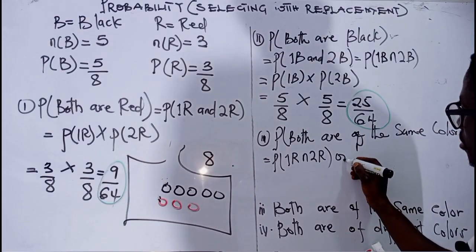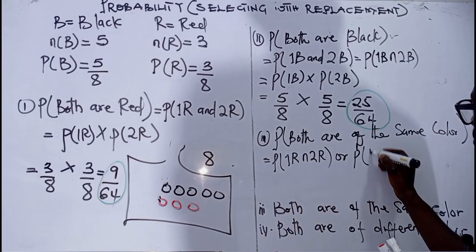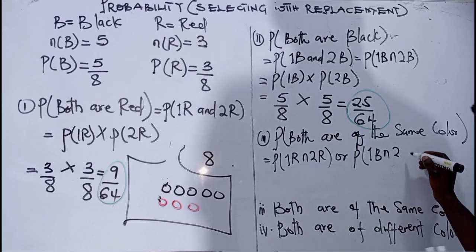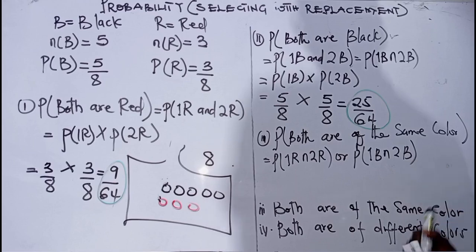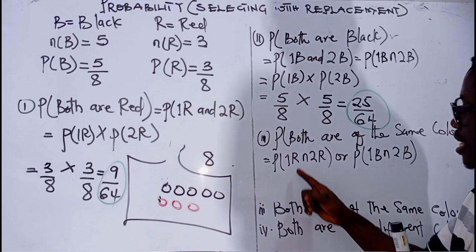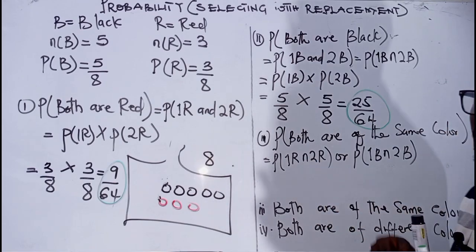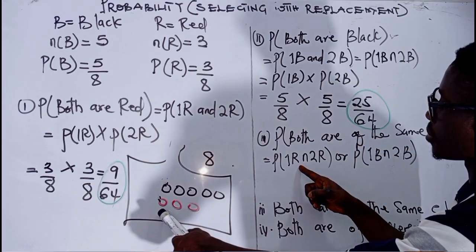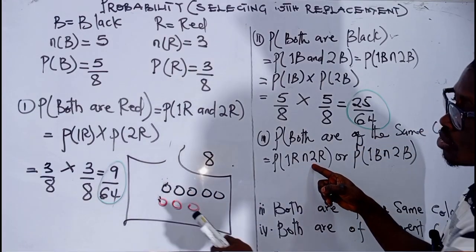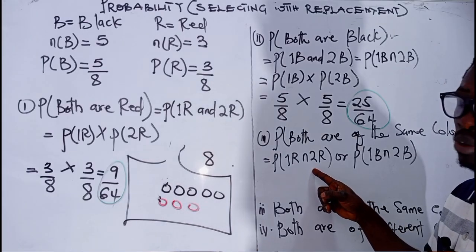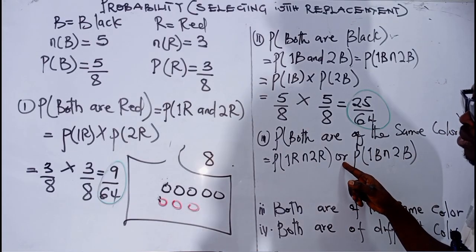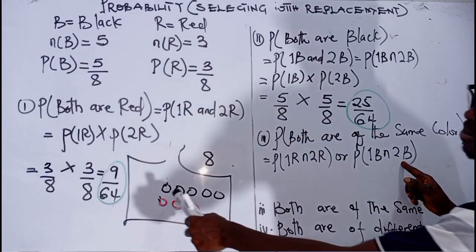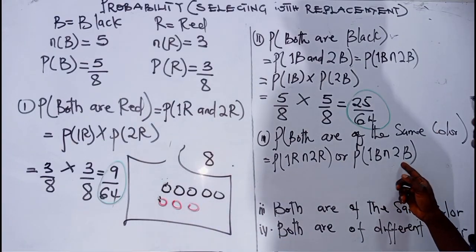Or on the first draw, we are getting a black marble, and on the second draw, we are getting a black marble as well. Remember that we are having two colors, red and then black. So it can happen that when we are picking the first marble, we are going to pick a red marble, and on the second pick too, we are going to get a red marble. Or it can happen that on the first pick, we are going to pick a black marble, and on the second pick as well, we are going to get a black marble.